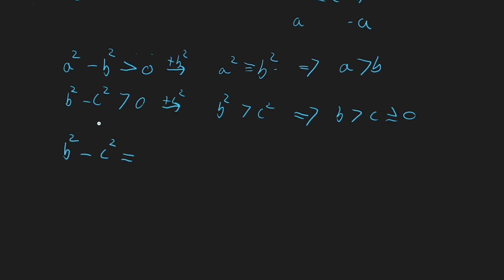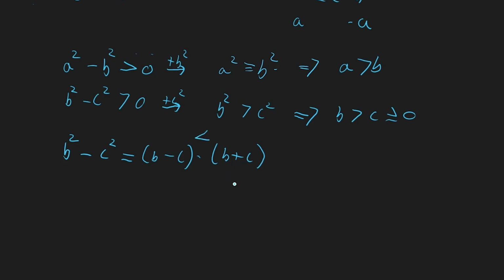Now, if we look at b squared minus c squared, we know that it can be written as b minus c multiplied by b plus c. So b is positive, c is positive, and c is less than b. So we know this parenthesis is positive, but it's also smaller than the other parenthesis because both are positive numbers.